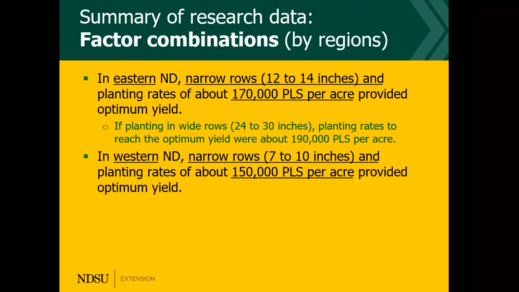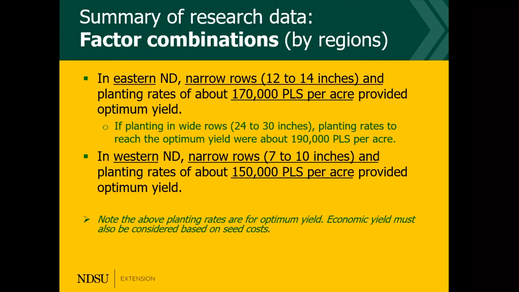In the west, narrow rows won again, but the planting rates were less in order to optimize yield. This might surprise you a little bit. Keep in mind, this is planting rates on a pure live seed basis, and we're not looking at economics. That's your homework. You're going to look at cost of seed, the market prices, and see where it fits, and then the performance on your individual fields.